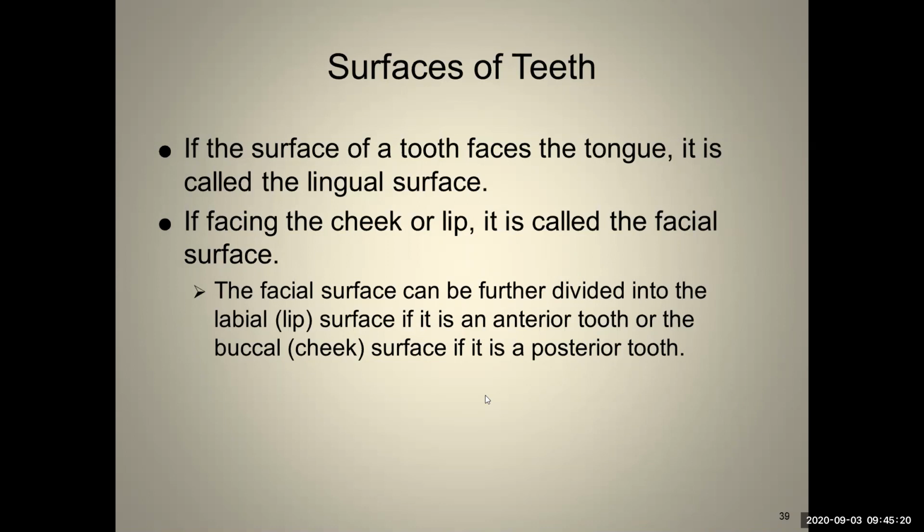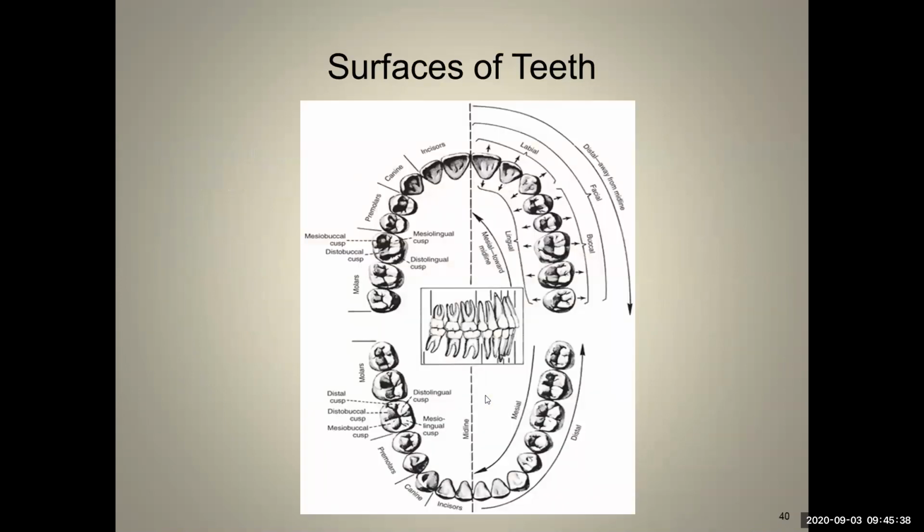So facial is the entire arch facing the cheek or the lips, but if you're talking front teeth, anterior teeth, it's only the labial. If you're talking posterior teeth, it's only the buccal, for lip and cheek. This is from the book.